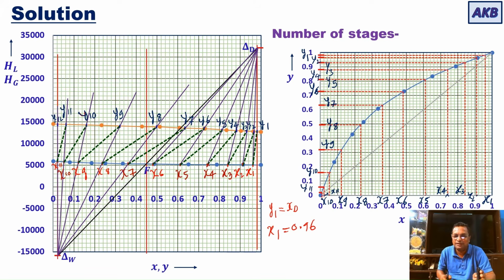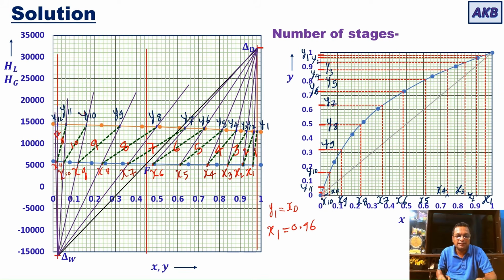Now the task left is we have to count the number of tie lines that you have drawn in the process. Let me show you. This is 1, this is 2, this is 3, this is 4, this is 5, this is 6, this is 7, this is 8, this is 9, this is 10, this is 11, and the last one is number 12, which connects X12 with Y12.